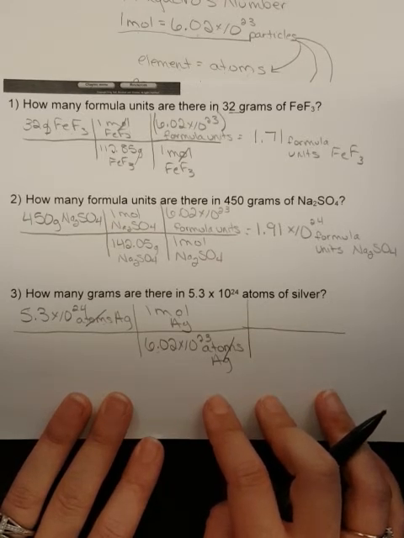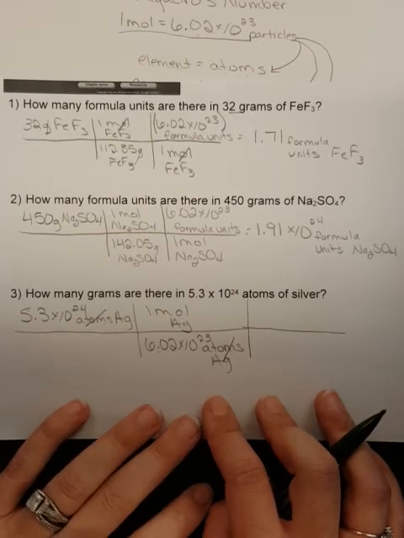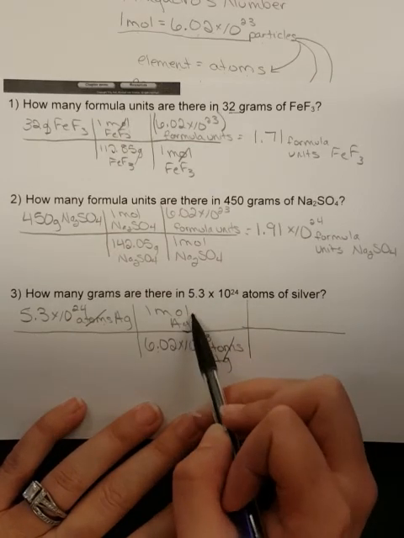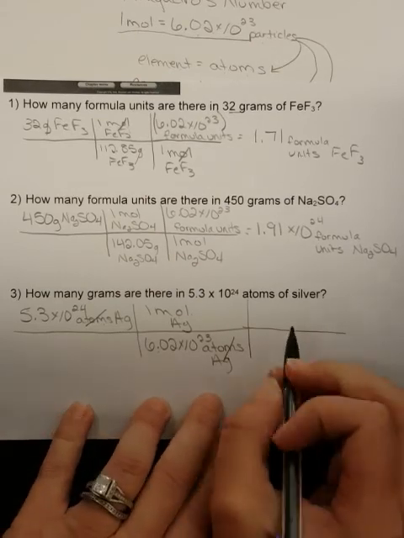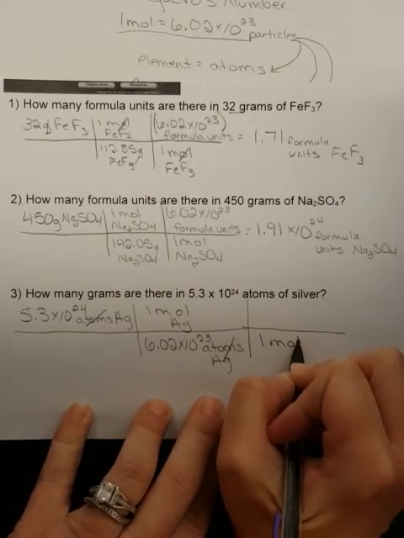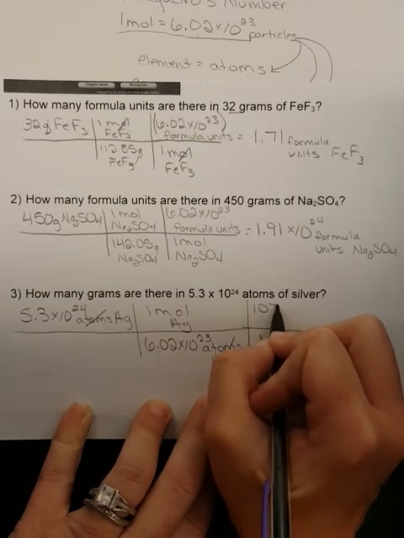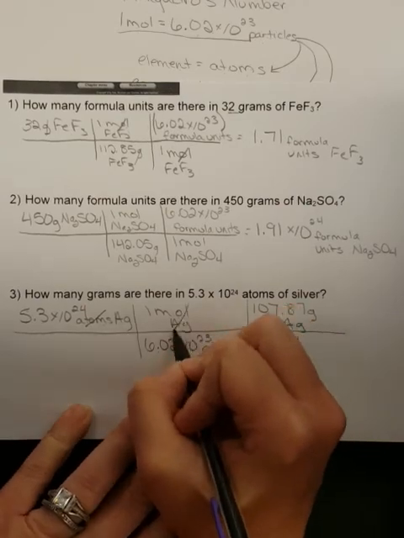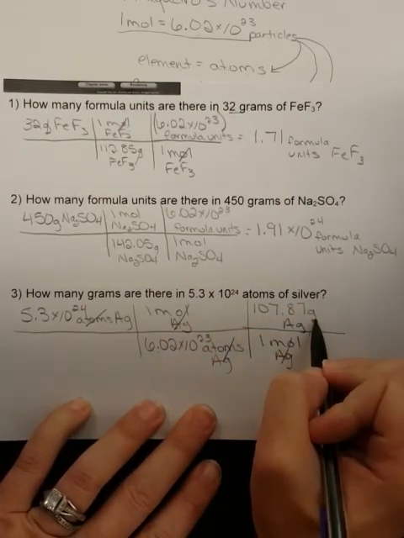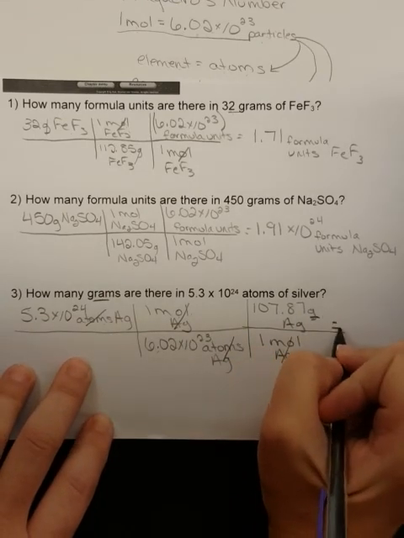So you need to decide where are you going to put your 107.87. Their units are grams per 1 mole. You have moles here. You need moles down here so it'll cancel out. So I'm going to put 1 mole of Ag on bottom, and I'm going to put 107.87 grams of Ag on top. So now my units in my last box match the units in the question, so I can stop.